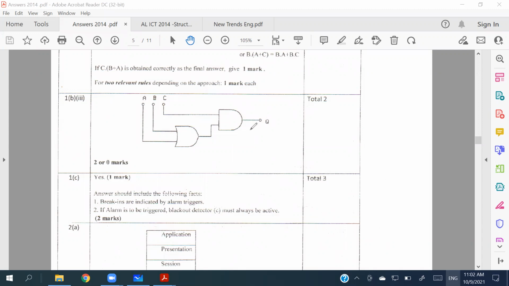So this is for B dot (A plus C). You can draw it like this as well: A, B is there, and BC is also there.